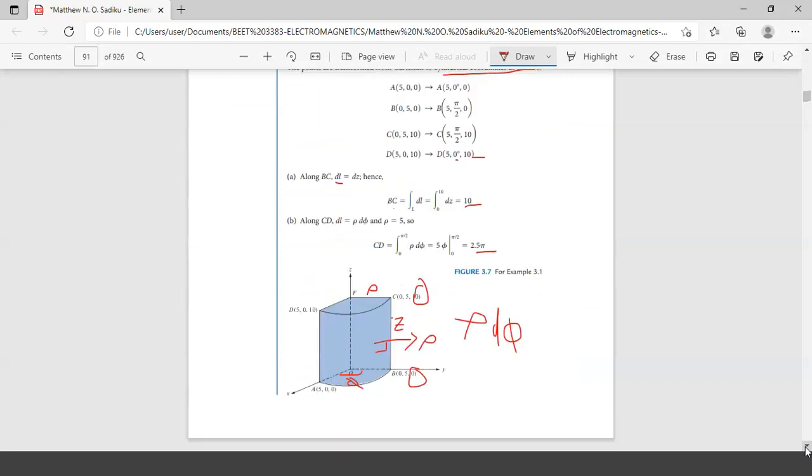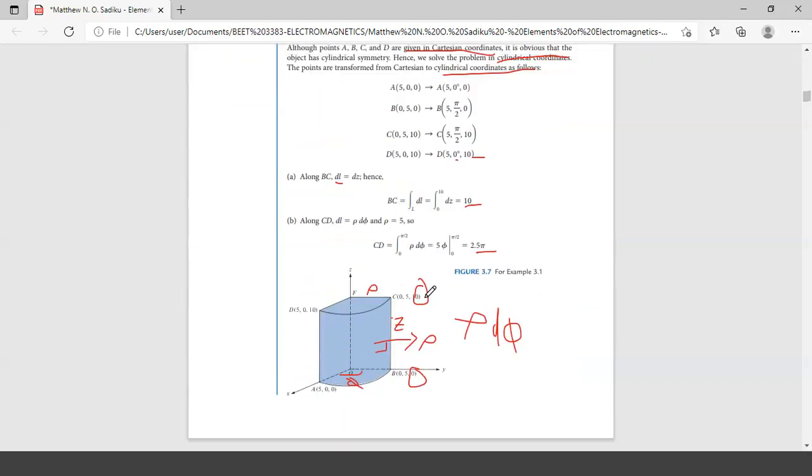The coordinate is Cartesian, but the figure shows the cylindrical. So the first step we need to take is to transform the Cartesian coordinates to cylindrical coordinates. We take the points one by one. At point A, (5, 0, 0), using the coordinate transformation formula, we get (5, 0 degrees, 0).